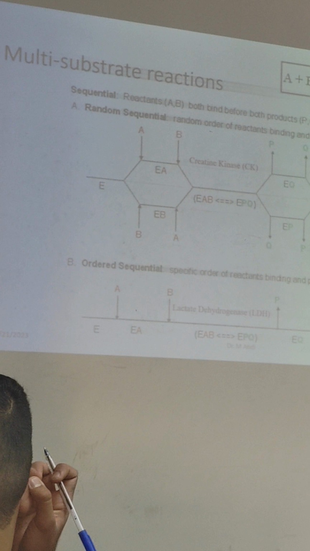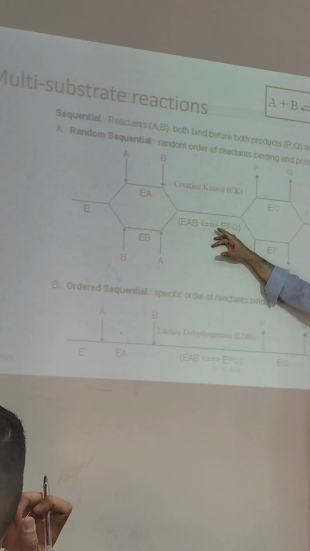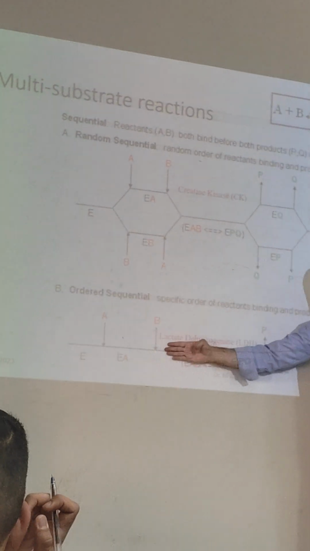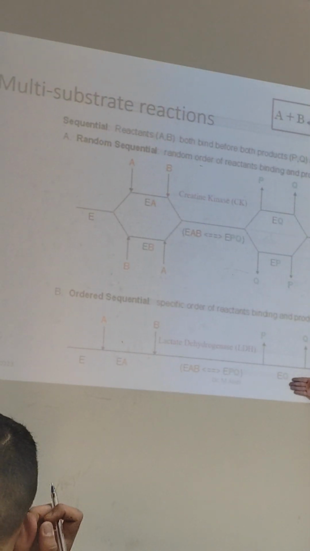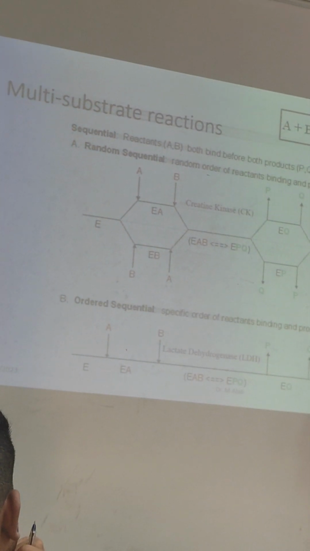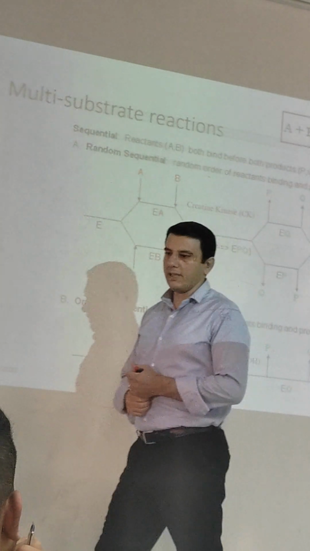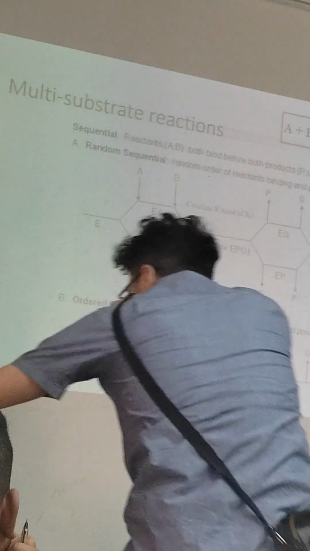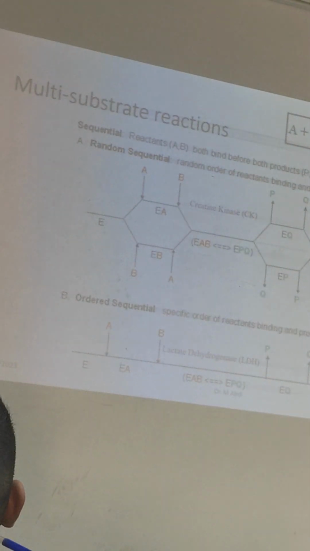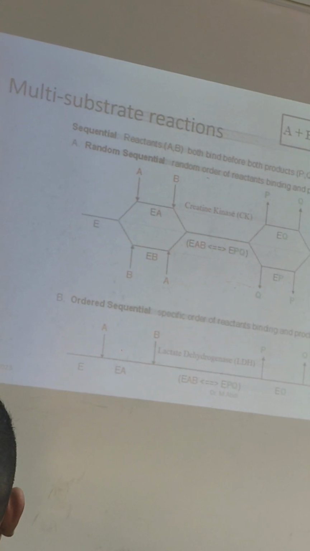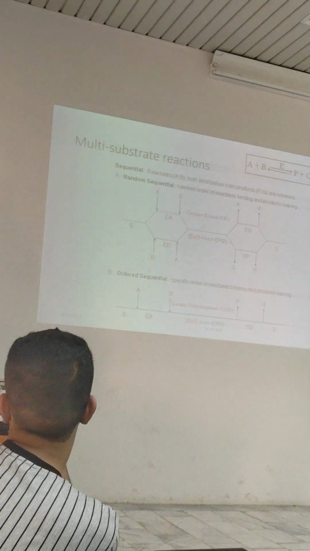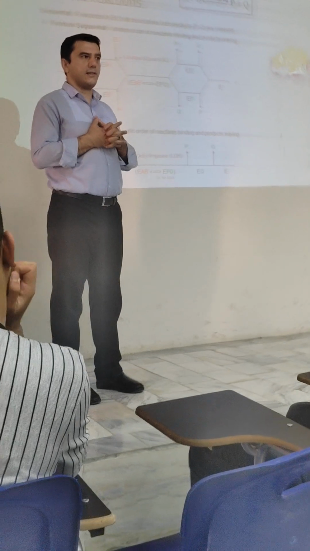The examples are here. For this type of enzyme, we have creatine kinase or CK. For this type of enzyme, we have lactate dehydrogenase or LDH. Can anyone tell me what the importance of LDH is in the clinic?